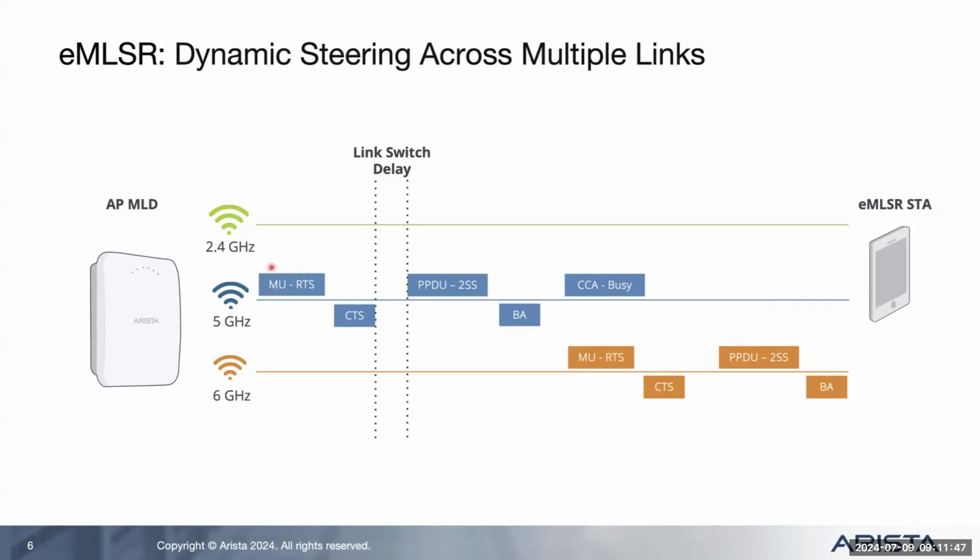As and when there is data from the AP, that's when the AP would trigger using an MU RTS and the client would respond to it. It then quickly switches all the chains to a single link dynamically and receives this downstream packet in two spatial streams, followed by the block ACK. And if it sends this CTS on one link, then it immediately sends the MU RTS on the other link. This way we are enabling dynamic steering across multiple links, which is a gain for latency.